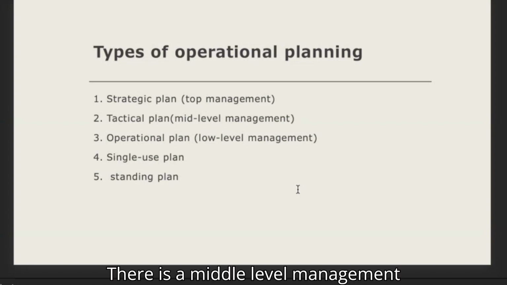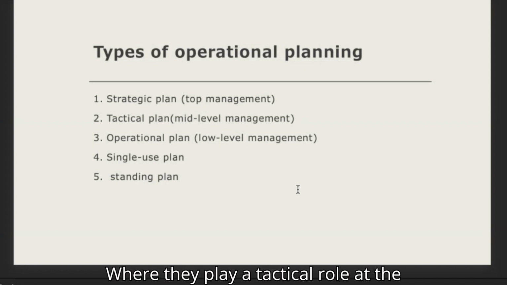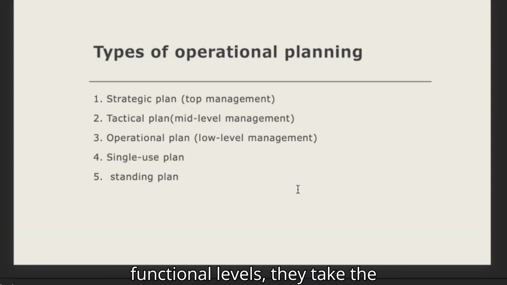Then the middle level management, that is functional management, where they play a tactical role at the functional levels. They take division-wise decisions, right? And they take functional area-wise decisions.